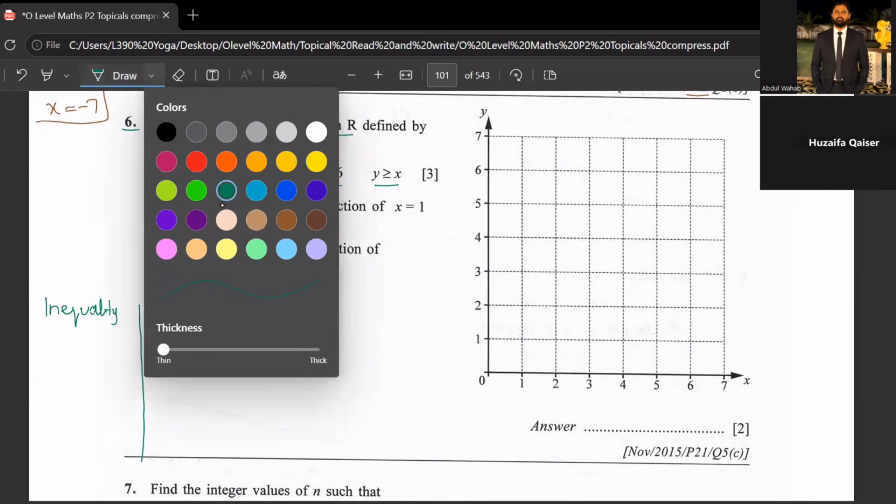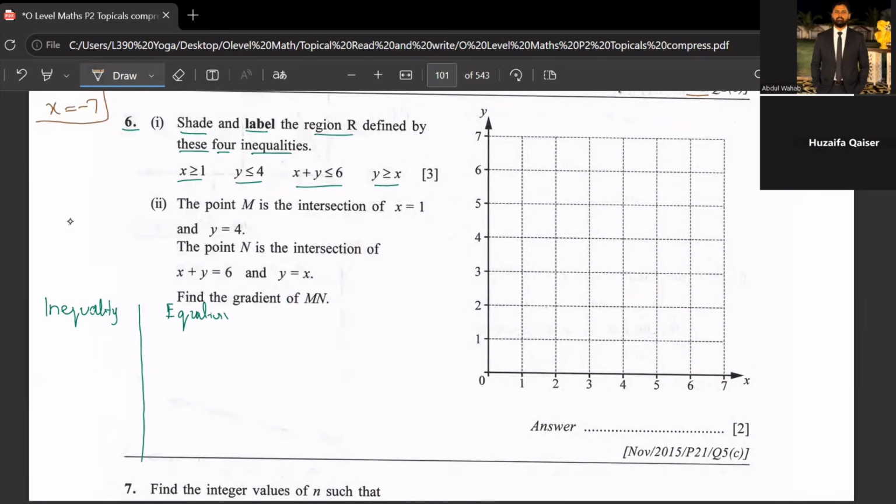If I say I have the first line, x is greater than or equal to 1. If I just remove the less than or greater than, it's x is equal to 1. And I know where I must draw x is equal to 1. This is the line, x is equal to 1.